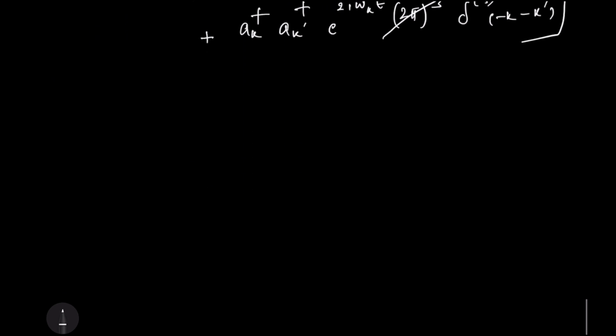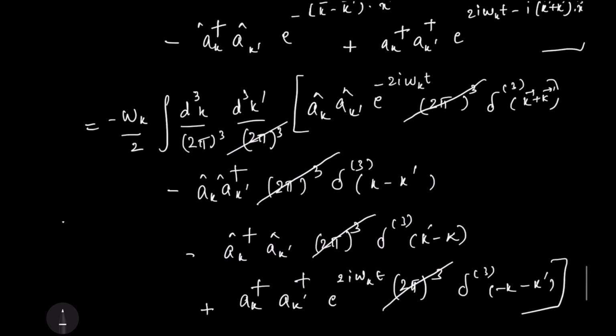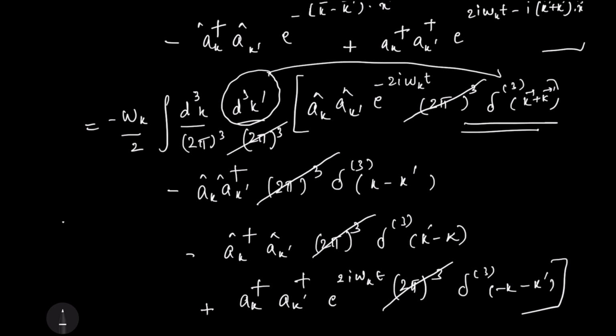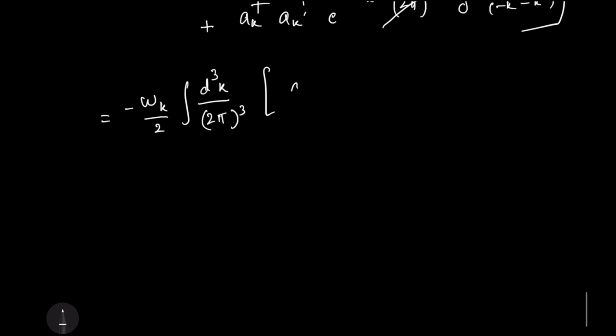Now it's easy. Minus omega k by 2 integral d cube k by 2 pi cube. Now the next integration I will do with respect to d cube k prime. In each term the only place k prime is present is in the Dirac delta, so I just have to integrate the Dirac delta. Then I'll get a_k.